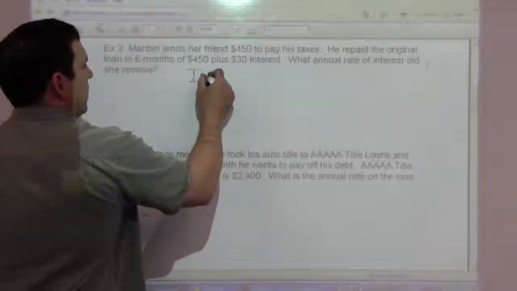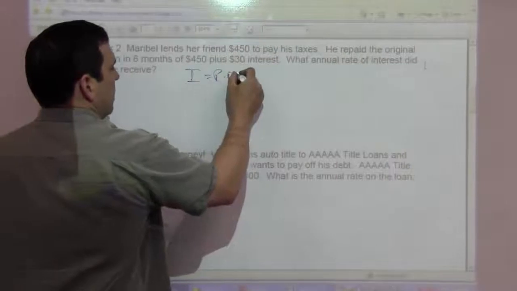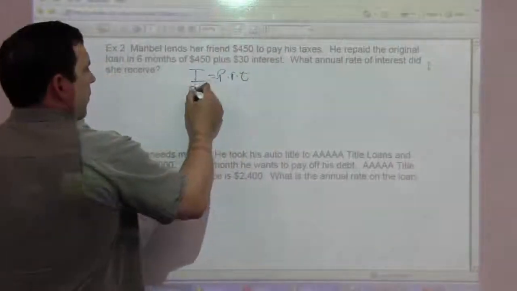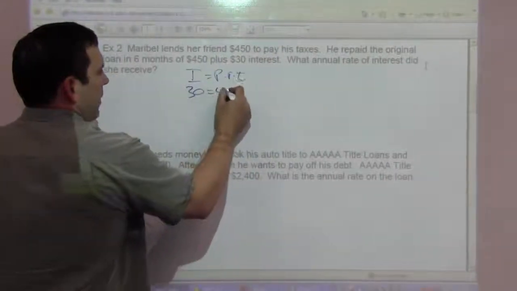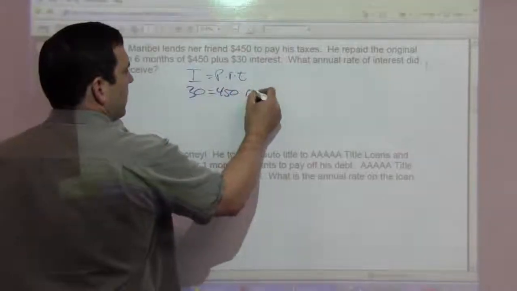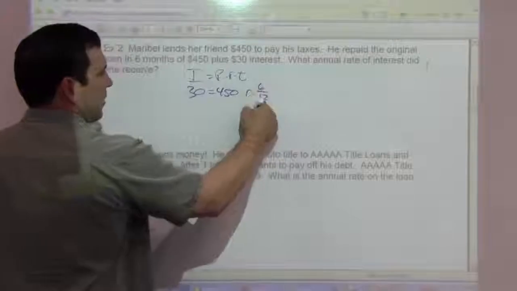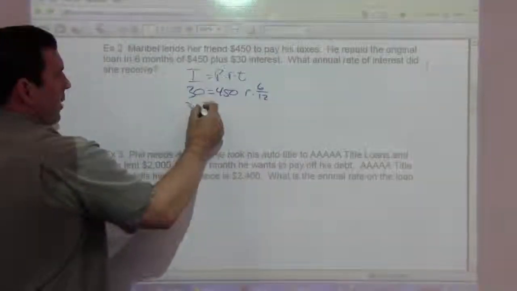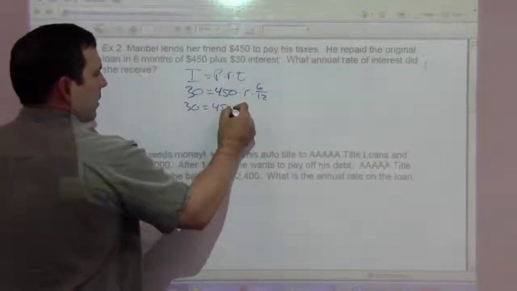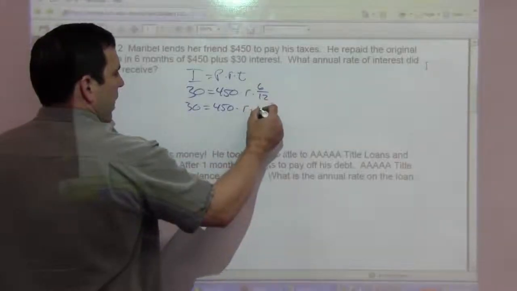So interest equals principal times rate times time. So $30 is $450 times the rate times the time, which is 6 months. So that's 6/12, 6 out of 12 months. 30 equals 450 times R times 1/2.